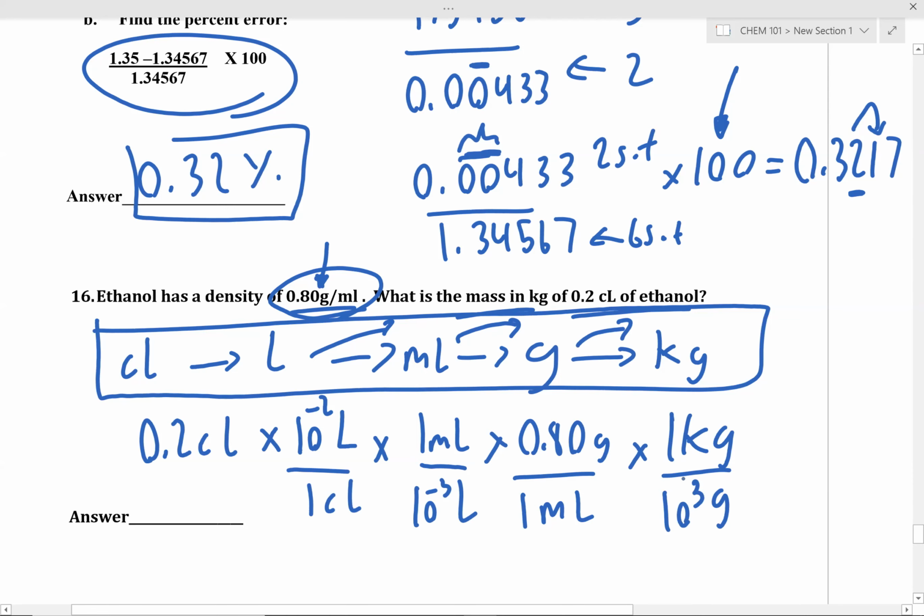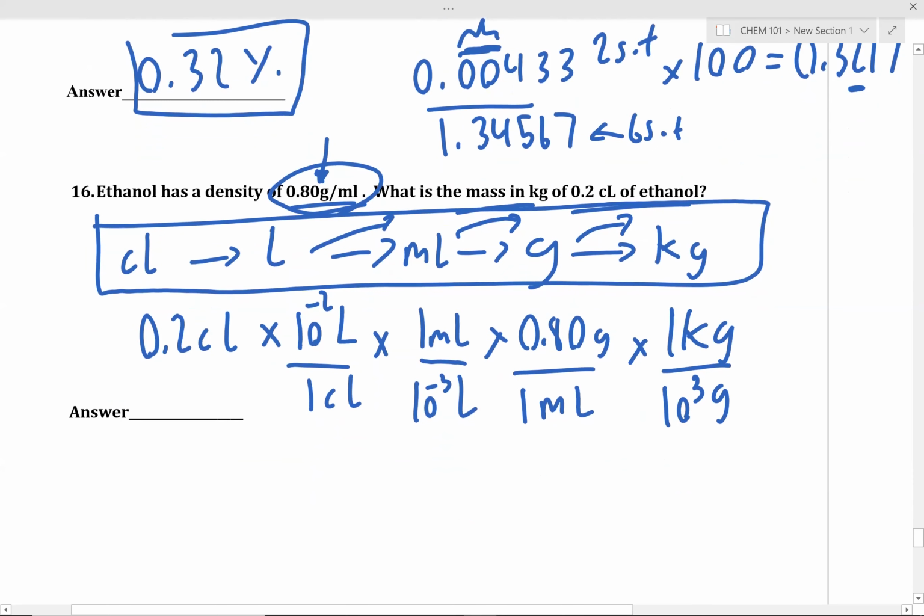So now all we have to do is punch this into our calculator. Now looking at sig figs, how many sig figs do we report? 1. This centiliter has only 1 sig fig, so we report an answer with 1 sig fig. So we take 0.2 times 1 EE negative 2 divided by 1 EE negative 3 times 0.8 divided by 1 EE 3.